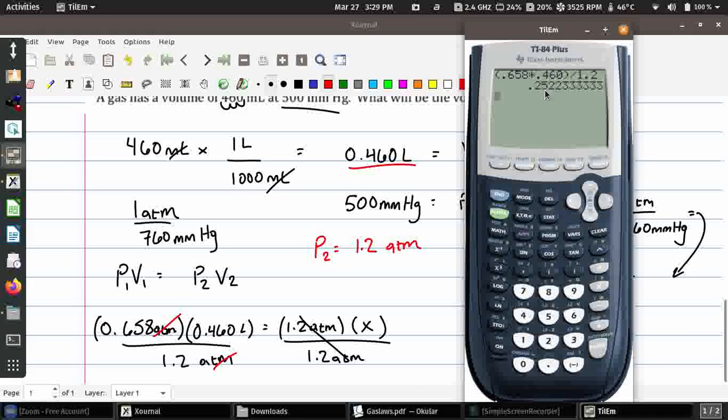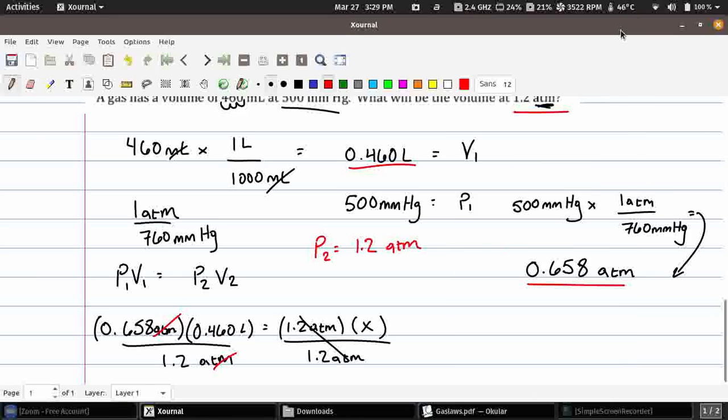So X is equal to 0.252 liters. So V2 equals 0.252 liters. And that's how you would use Boyle's law to solve a gas equation. That's only if the temperature remains constant, though. This won't work if the temperature's changing because then you're going to have to use a different equation.